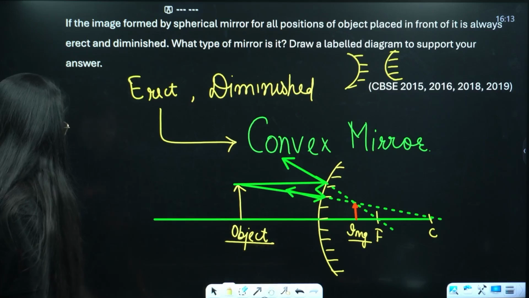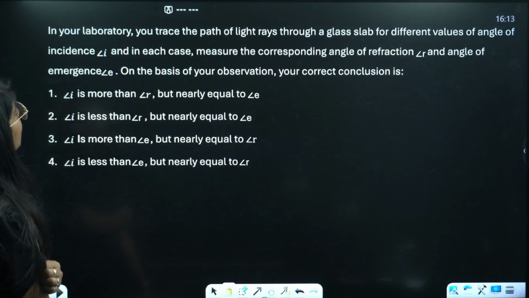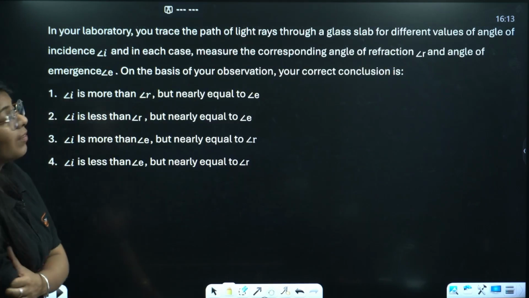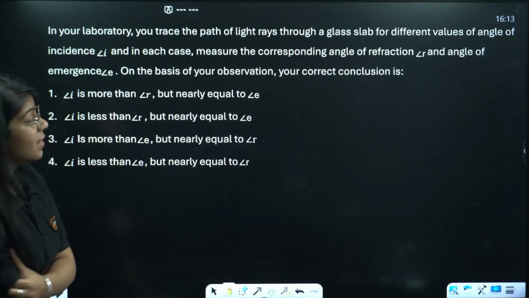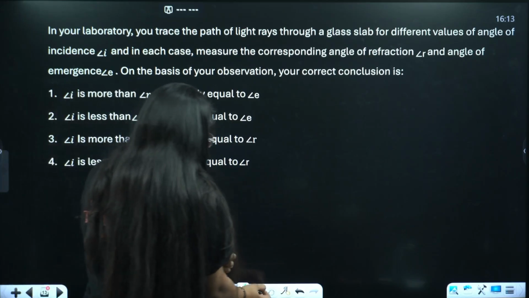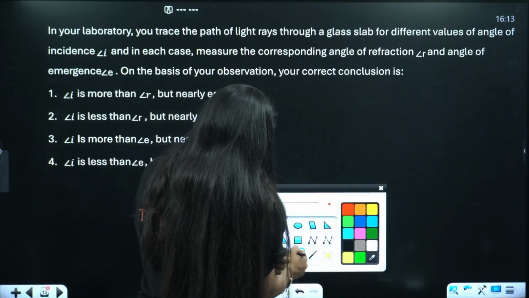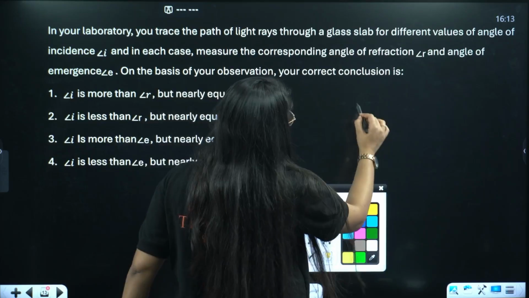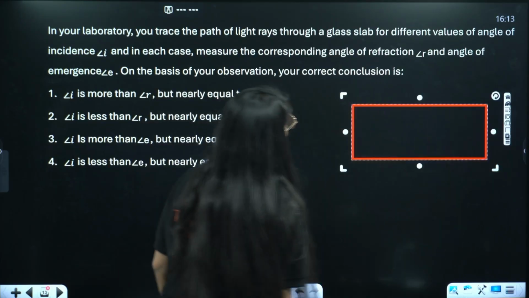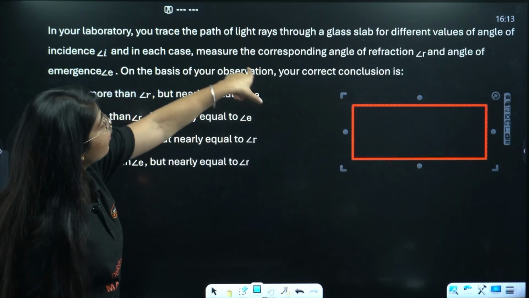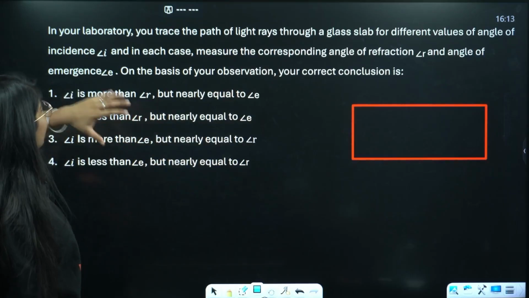Okay, moving on. Next question says, in your laboratory, you trace the path of light rays through a glass slab. We have a glass slab and we trace the path of light. This is, let's say, a glass slab. Trace the path of light for different values of angle of incidence.